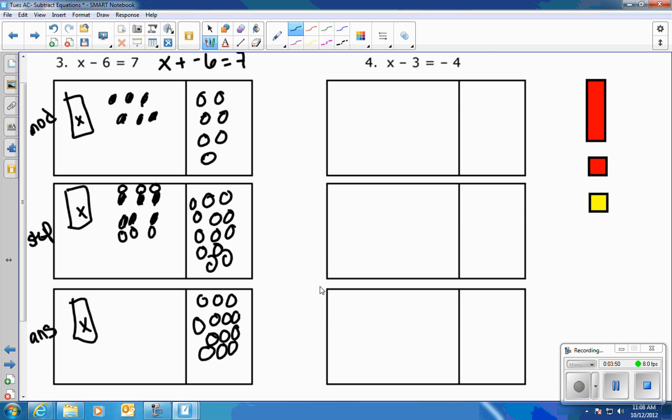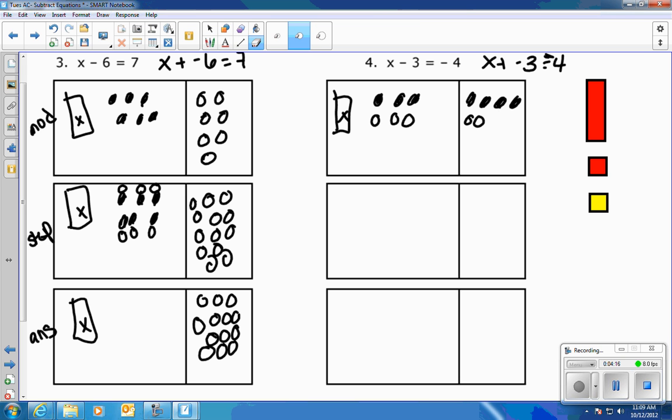Let's try another one. I'm going to change this to an addition problem using add the opposite. So I'm going to have an x, negative 3, and negative 4. How do I get rid of negative 3? With positive 3. Oops, sorry, I'm supposed to show my step in the next box, so let me fix that.